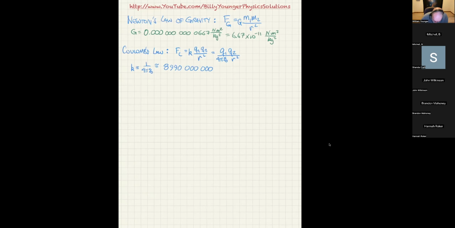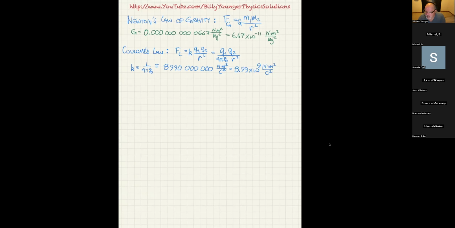And then, of course, the units for this one happen to be newtons meters squared per coulomb squared instead of kilograms squared. We can also write this as 8.99 times 10 to the 9th newtons meters squared per coulomb squared. But the reason I took this time to write it this way, and showed you Newton's law of gravity with Coulomb's law, is you see that they're both the same formulas.